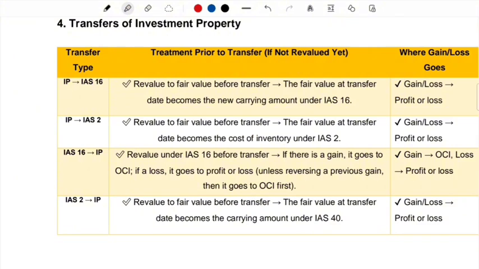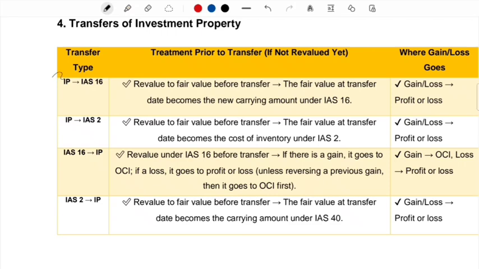If I'm someone who's buying and selling property, and I decide that I also want to sell this property, then that will be categorized under IAS 2. So it's very normal for entities to do that, but you must understand how these transfers occur.